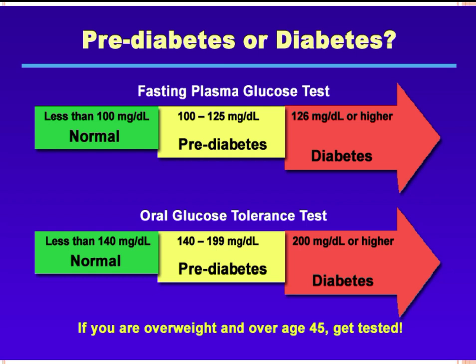And 2, impaired fasting glucose, or IFG, which is diagnosed if the fasting blood glucose levels are 100 to 125. Now, an individual can have prediabetes if they have one or both of these 2 impairments.